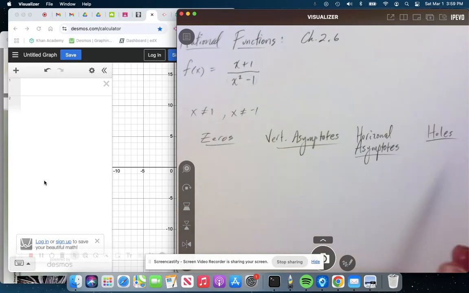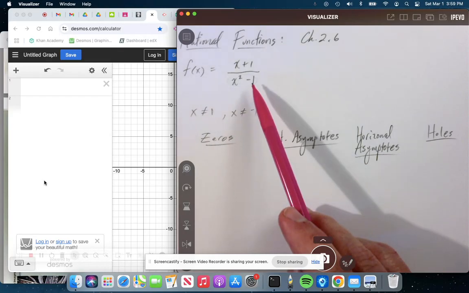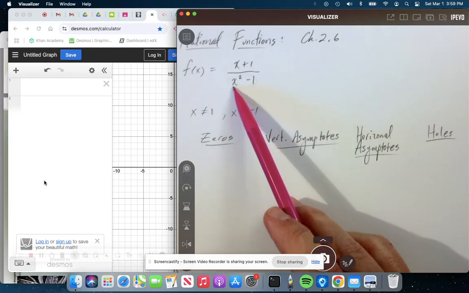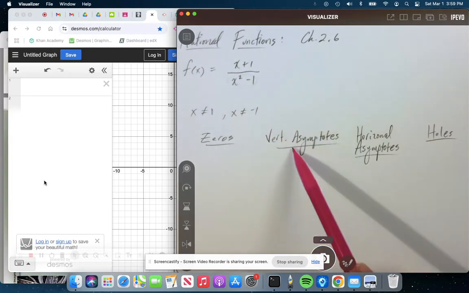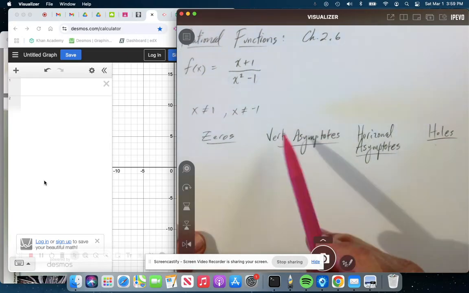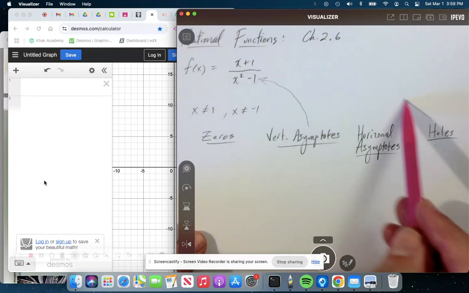And we've talked about the holes before, I think we've looked at these functions briefly back in chapter 1, and you get your vertical asymptotes and your holes basically based on the denominator, right? So these relate to the denominator.